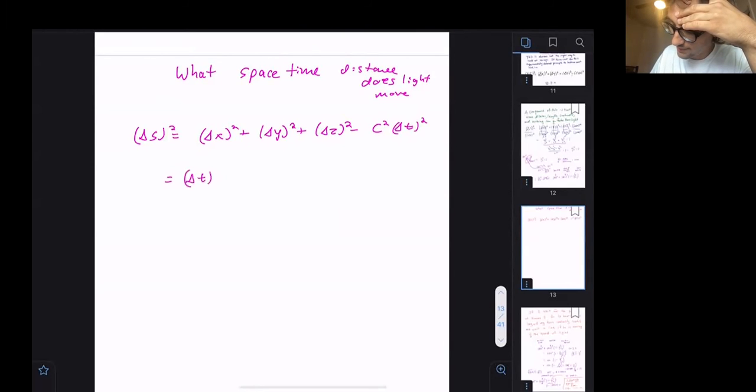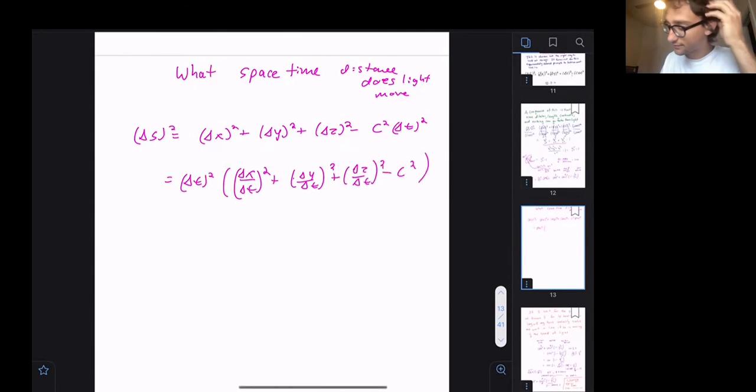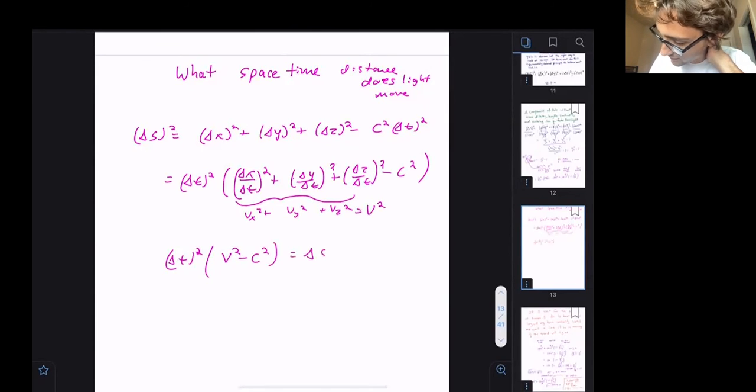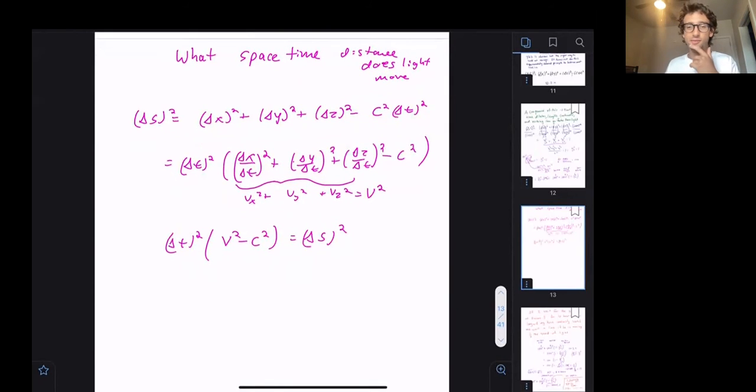So we pull out a t squared, and essentially what we're left with is vx squared plus vy squared plus vz squared equals v squared. Delta t squared times v squared minus c squared equals delta s squared. Okay, so this is a formula that you could get.